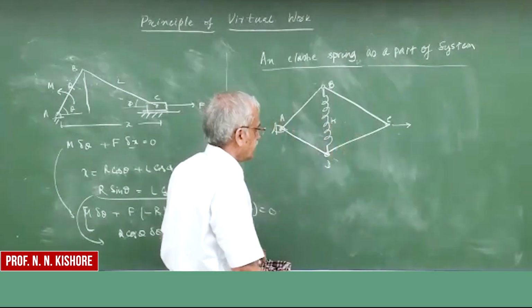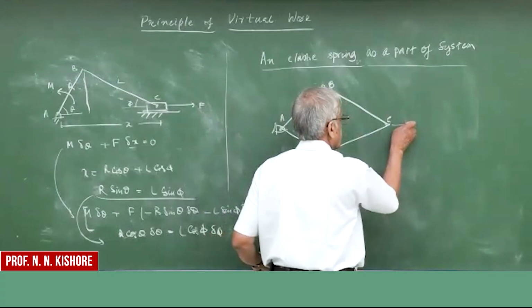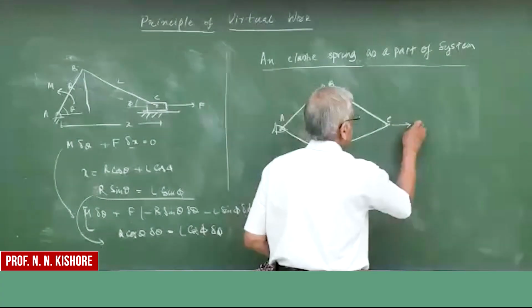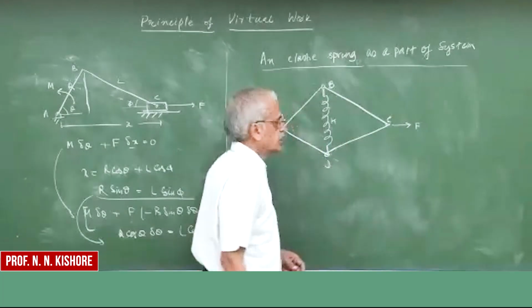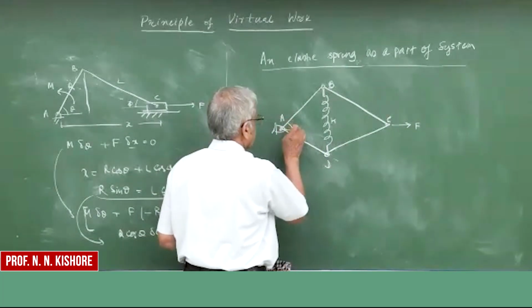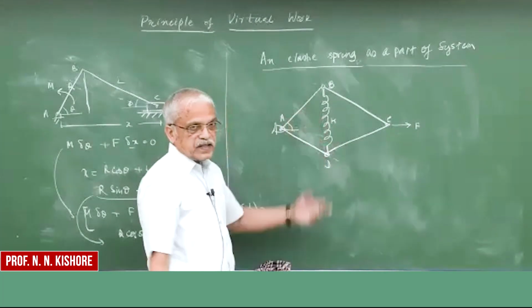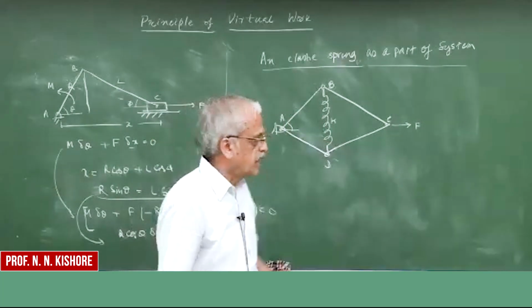Let's assume that this system has a spring with a natural length, say L naught.